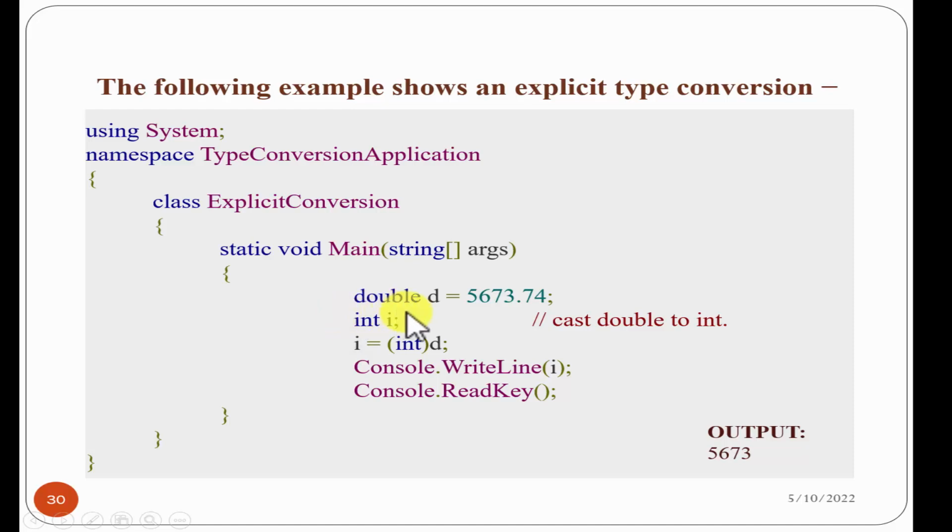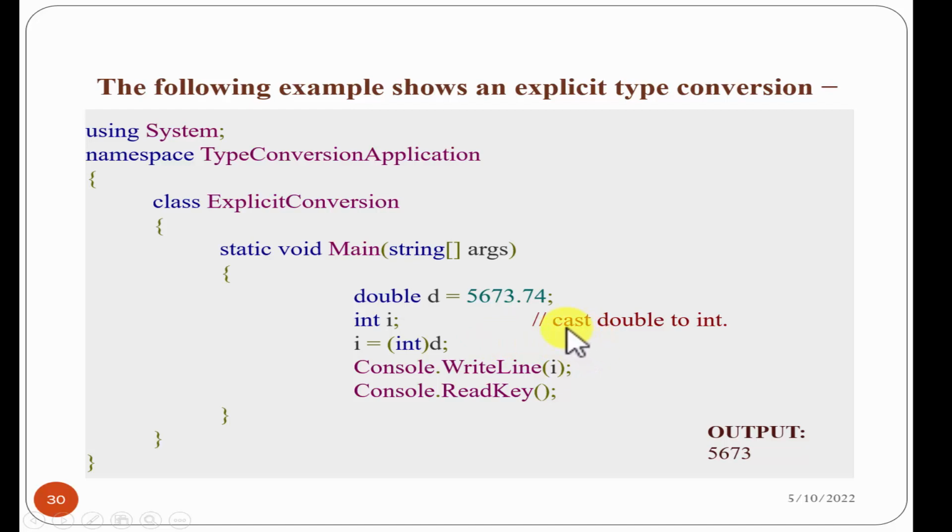This value we assign to the variable D, and here I is an integer type variable. Integer consumes 4 bytes of memory in C sharp. We want to assign the D value to the I variable. I is integer type, which is 4 bytes, and D is a double type, which is 8 bytes, and it is even a floating point value. So how can we do this?